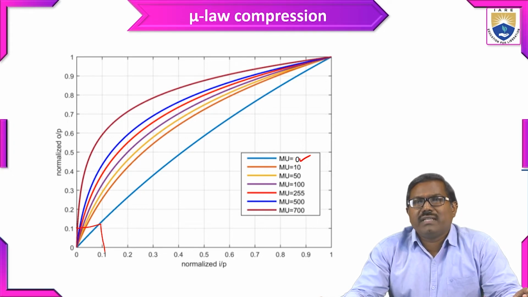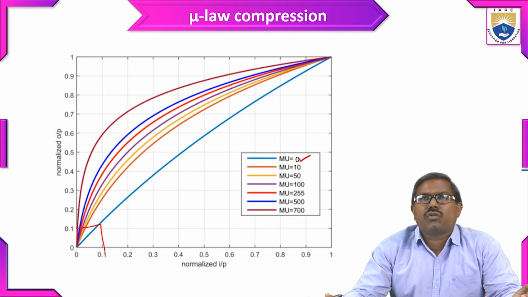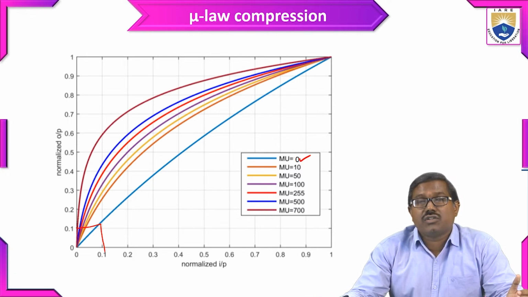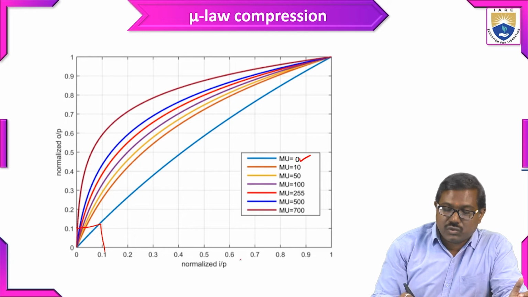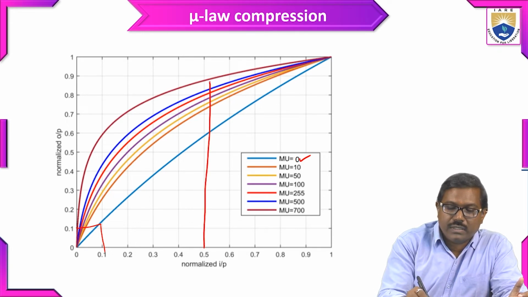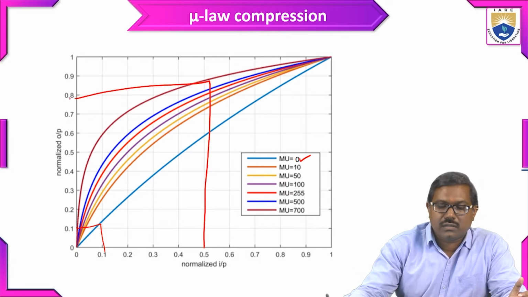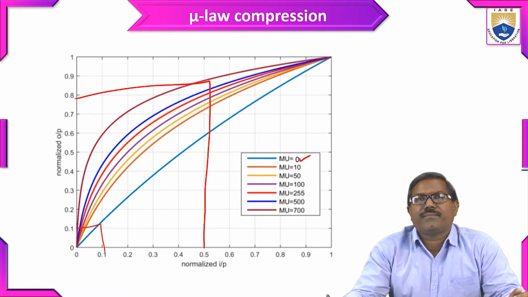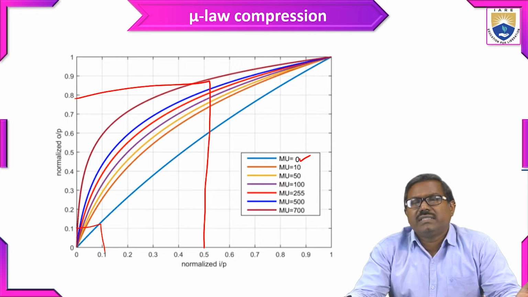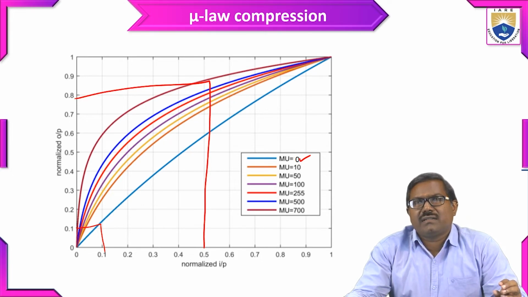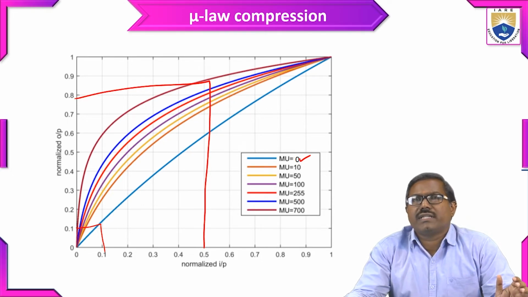But whenever the input value is more, the output is also increased. When you take this one, 0.5, here my value is almost 0.8. That means the input is increased and the compression value also increases.